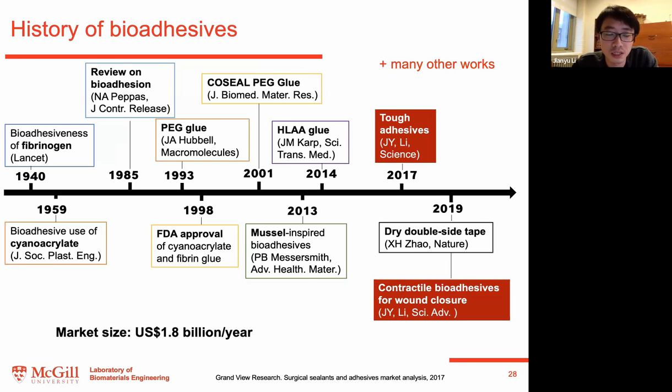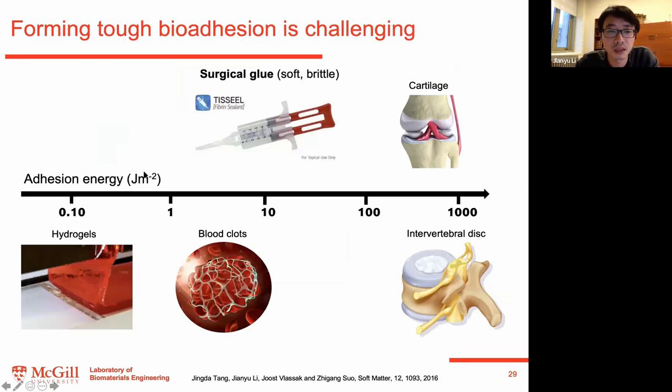And it certainly is a big market. And throughout those studies, tough bioadhesion remains challenging to form. So why is that? Hydrogel is not adhesive because it is mainly water.